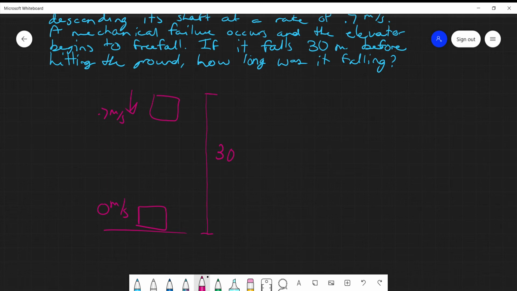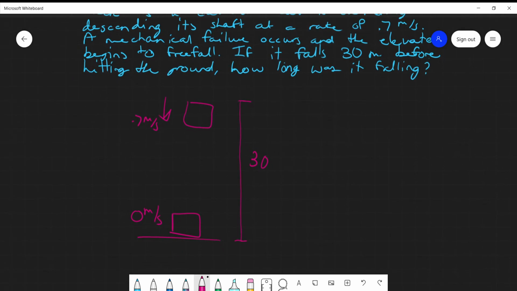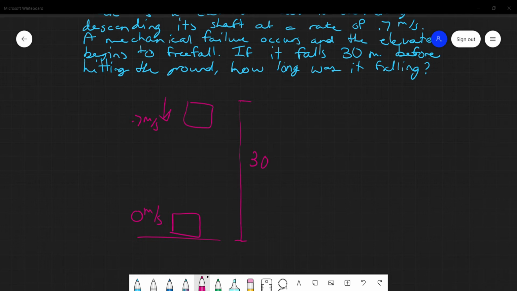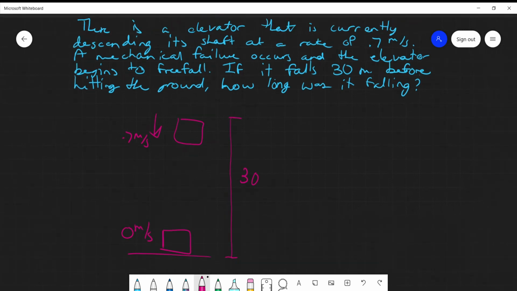This is a bit of a simplified version. Normally, there is some kind of impact velocity. We can actually find that real quick. I'm trying to think if I should give us a number or if we can solve for a number.